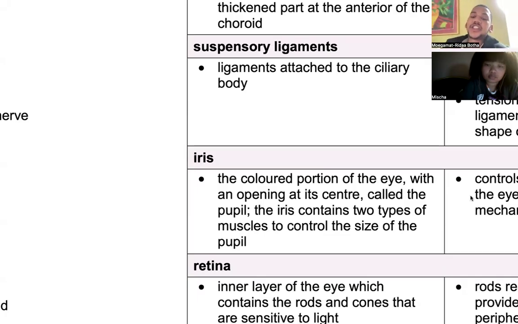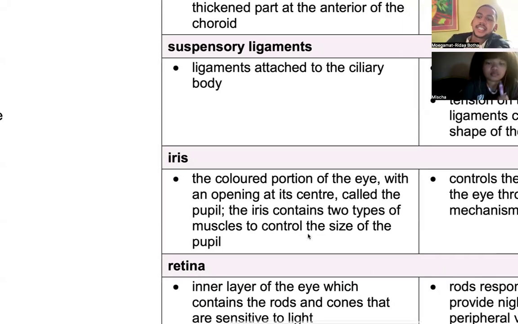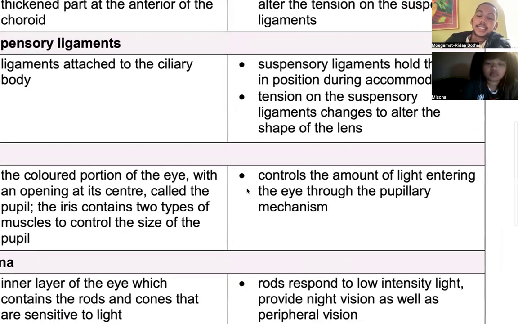The iris essentially contains two types of muscles to control the size of the pupil. It has circular muscles as well as radial muscles, which we will speak about soon. The function is that it controls the amount of light entering the eye through the pupillary mechanism. Sorry, it's not accommodation, it's called the pupillary mechanism.